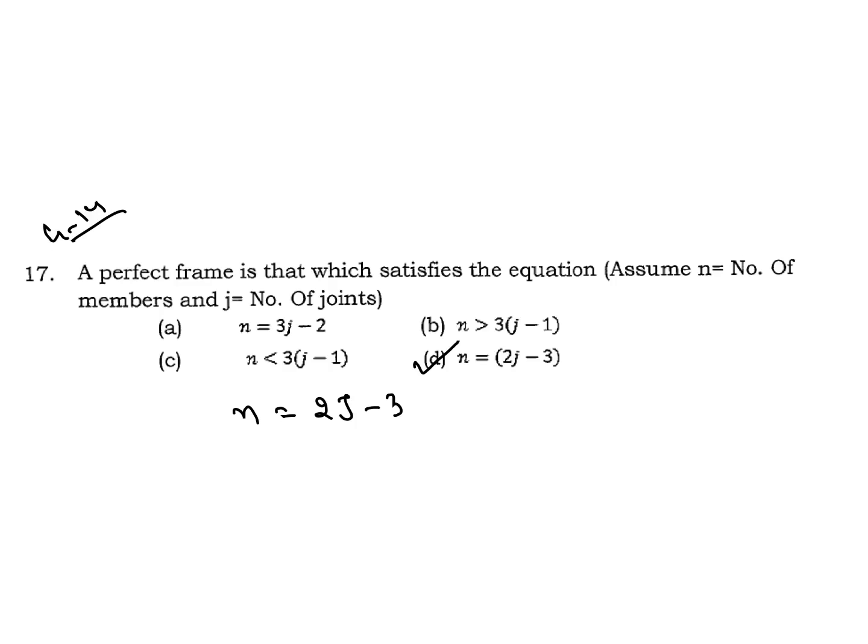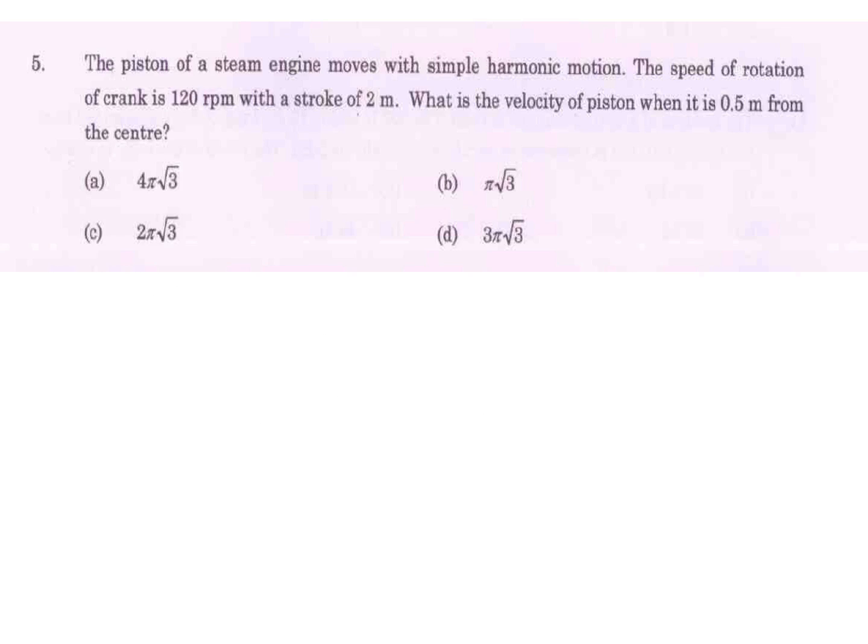The piston of a steam engine moves with simple harmonic motion. The speed of rotation of crank is 120 rpm with a stroke of 2 meter. What is the velocity of piston when it is 0.5 meter from the center?